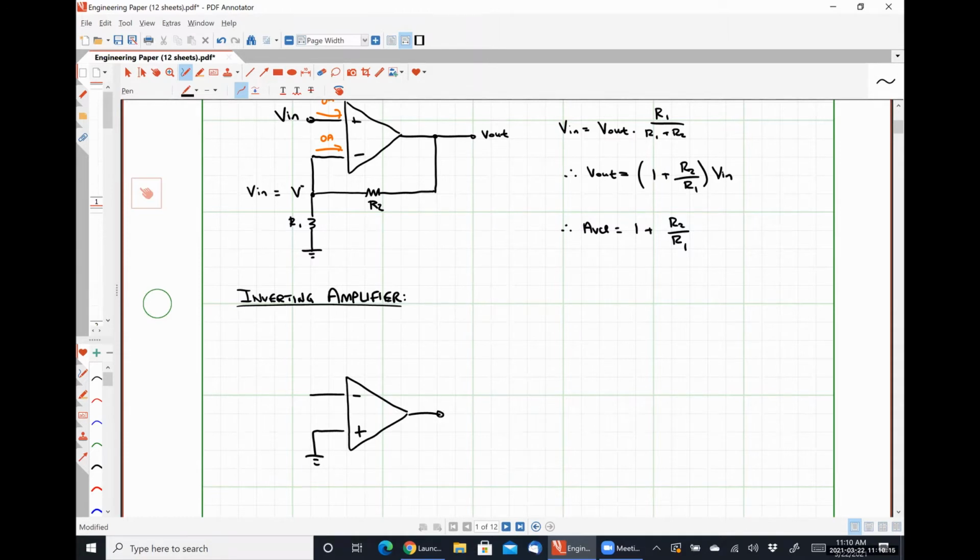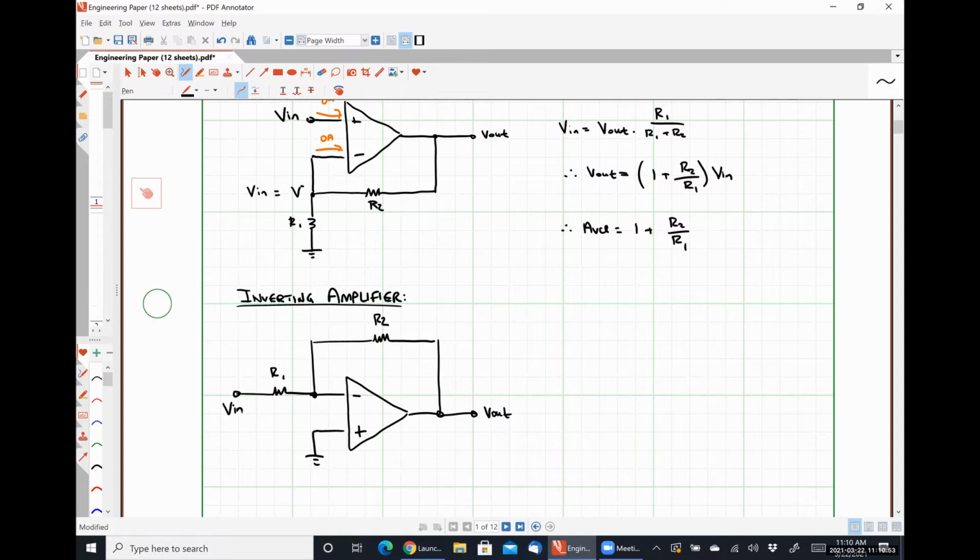I'm going to take my output at the op amp output pin. I'm still going to have my negative feedback resistor labeled as R2. And I'm going to place a resistor R1 between the inverting input terminal and my input voltage Vin.